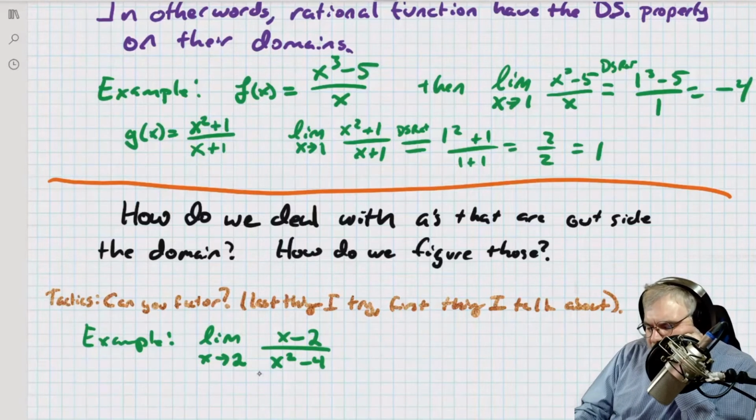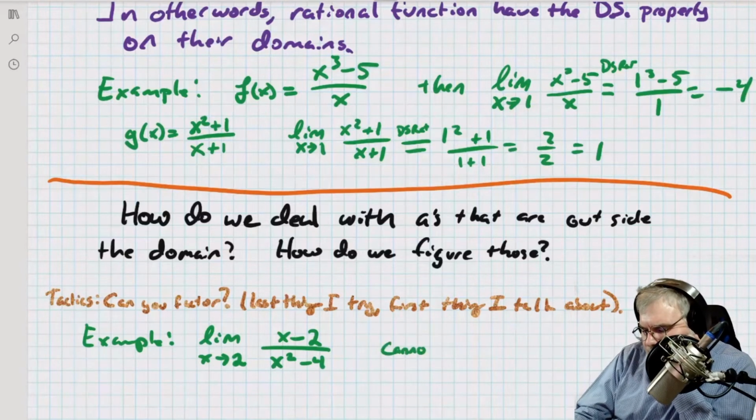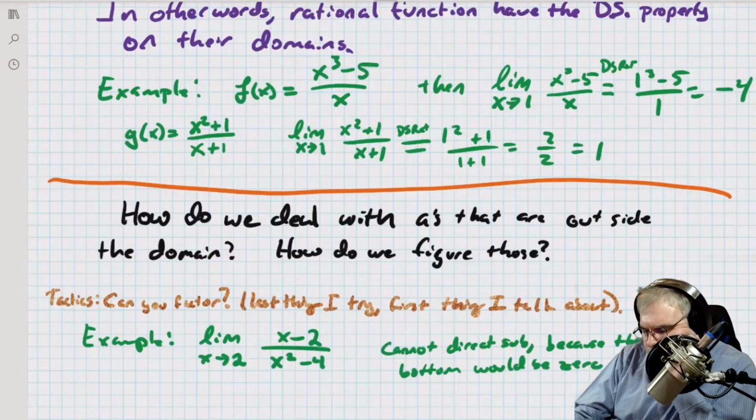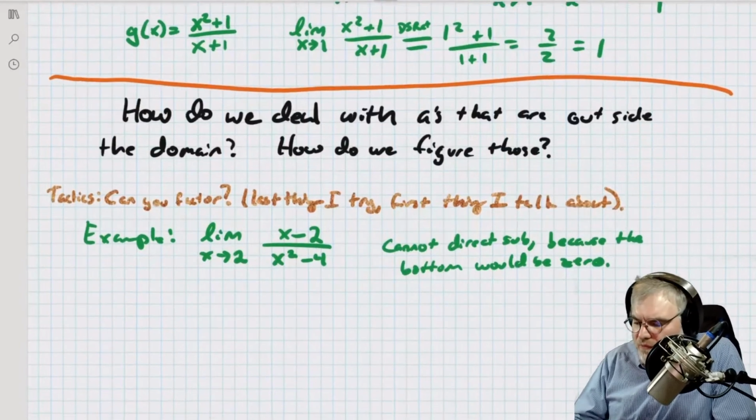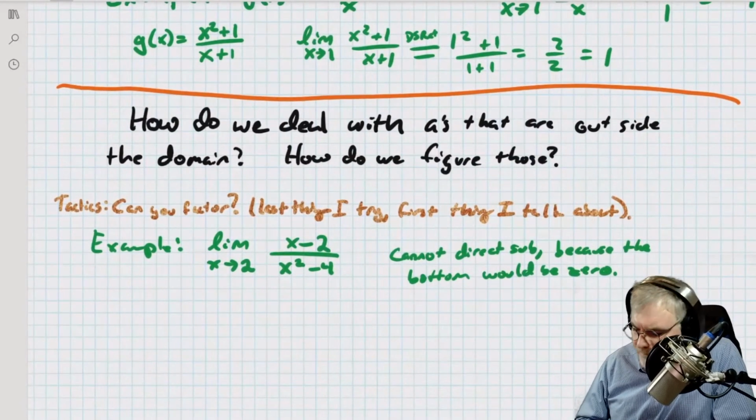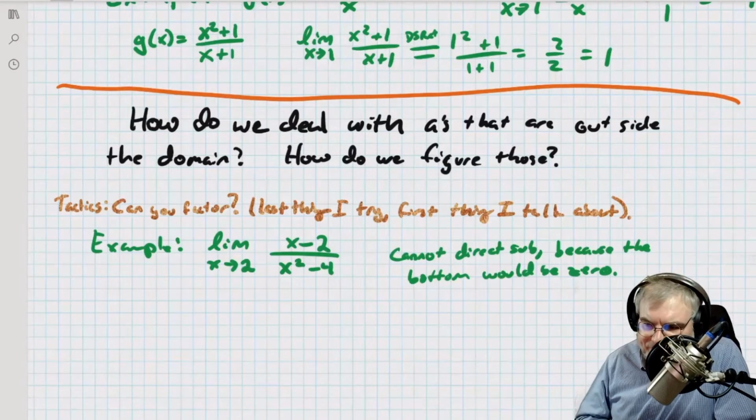All right, well, I can't sub in 2, right? No direct sub. Actually, more importantly than the bottom just being 0 is the fact that you'd wind up with 0 over 0. I can't direct sub because the bottom would be 0. So what can I do?